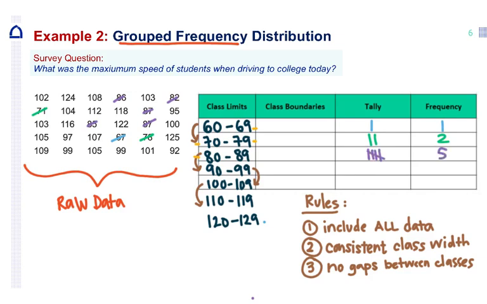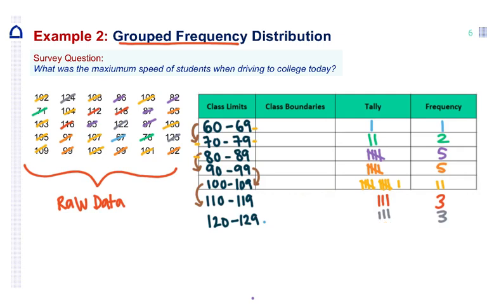Let's go to the 90s. 5 were in the 90s. Now in the 100s, I counted 11. 5, 6, 7, 8, 9, 10, 11. 11 were in the 100s. Now in the 110s, I counted 3. And then lastly, in the 120s, I also counted 3.